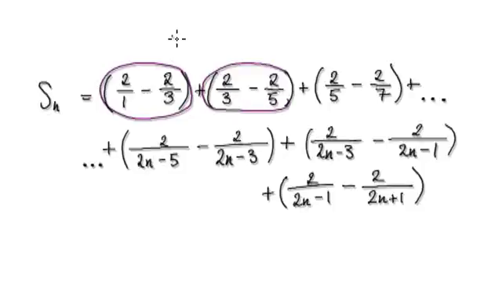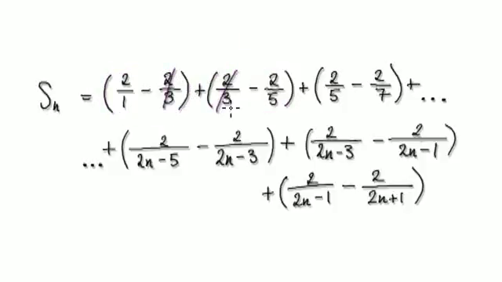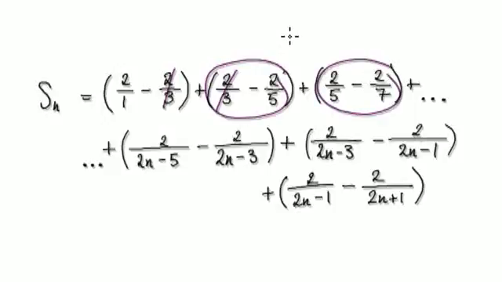If you look at the right hand side of the first, it cancels out with the left hand side of the second. So these two will cancel out. Now if you compare this with this, remember the pattern: the second part of the first will cancel out with the first part of the second, if that makes sense.